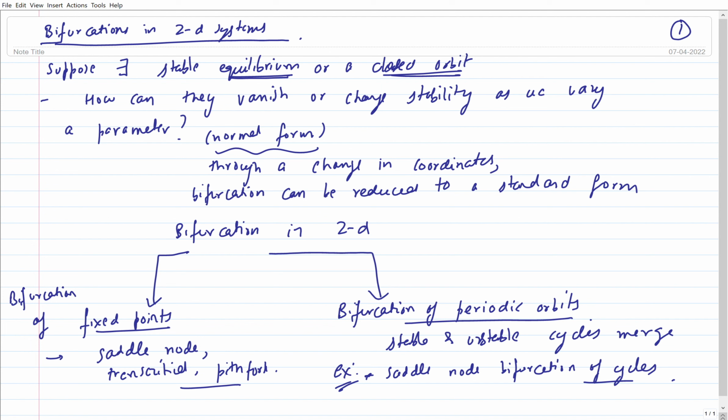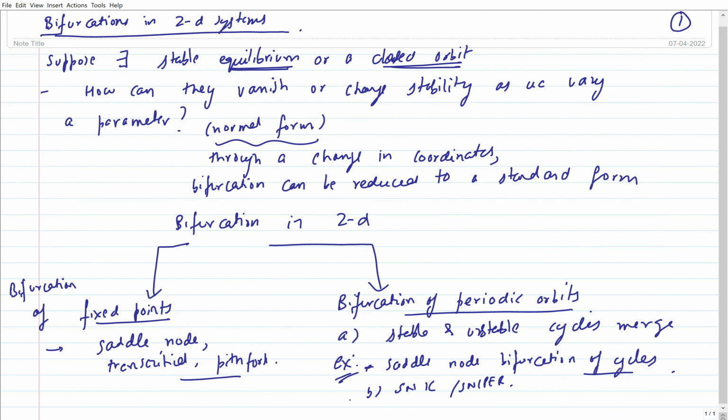We can also have something called a SNIC, or a sniper, which is to say saddle node on an invariant circle. We'll get to it, and other kinds of bifurcations.